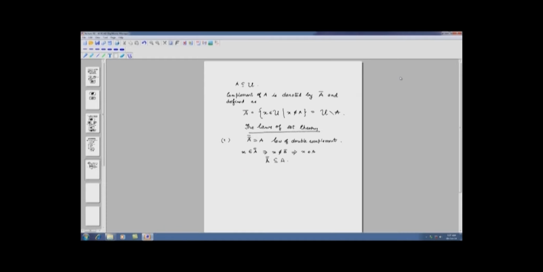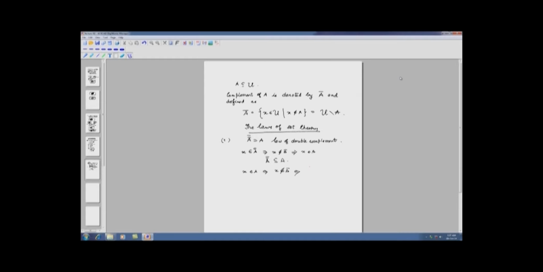On the other hand, if I have an x inside A, this will mean that x definitely is not inside A complement, but from the definition of complement, I can take again a complement, because x is not in A complement, and I can consider A complement as a set with which I am starting.